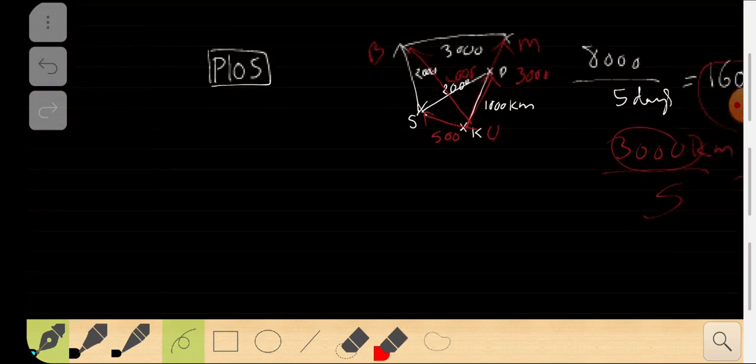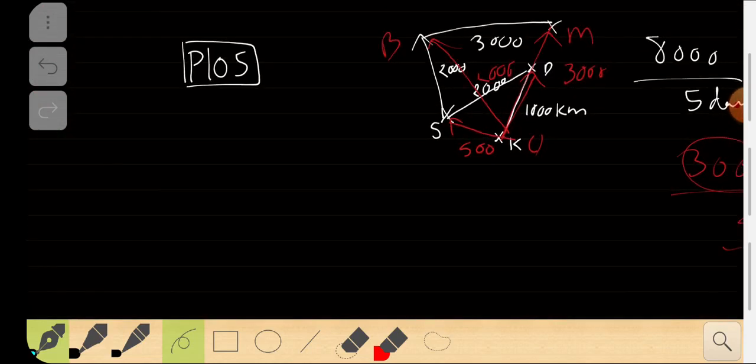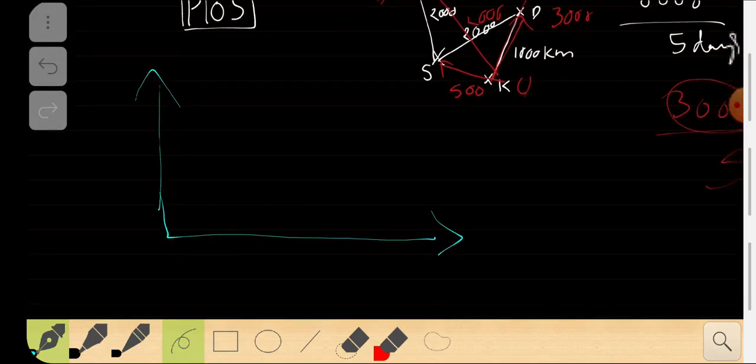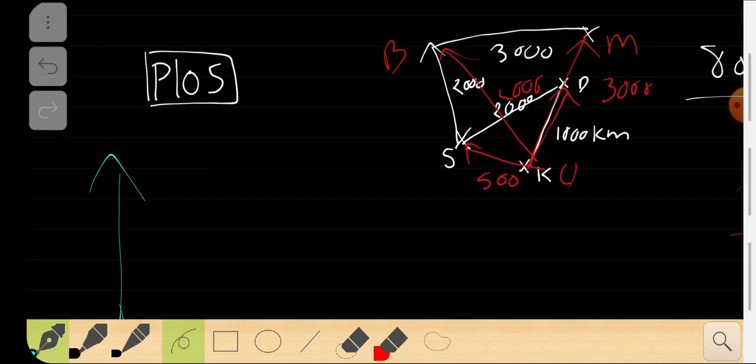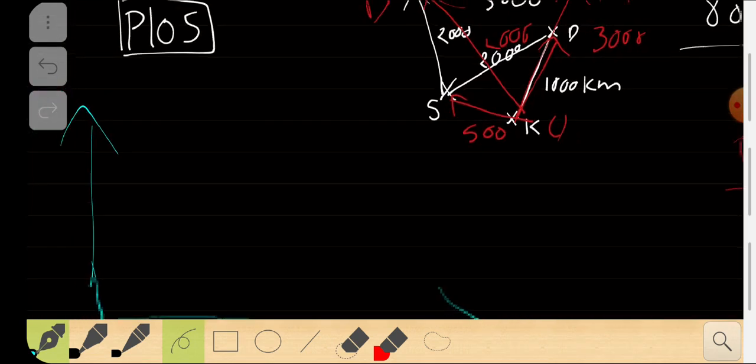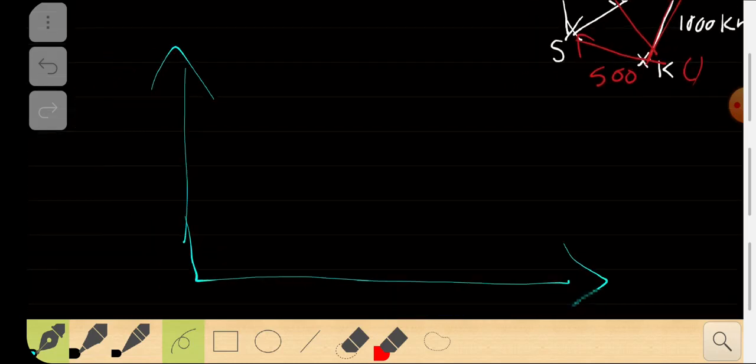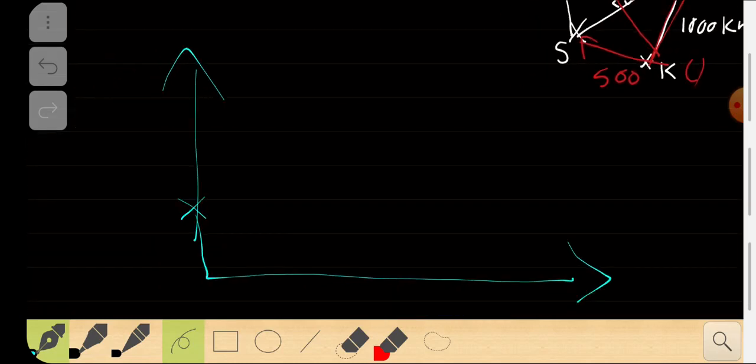Now what I'm going to do is plot the displacement versus time graph. So the first displacement is from Kochi to Delhi, that's around 1000 kilometers, right? So the first displacement will be around 1000 kilometers.